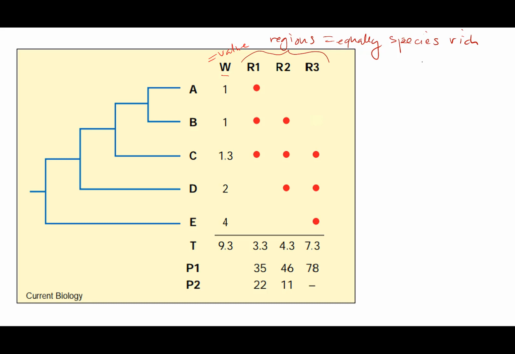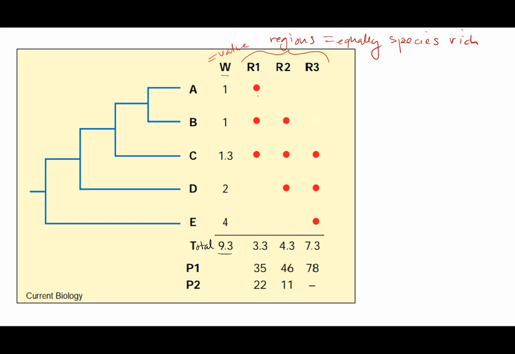Okay, so these measures on the bottom, the T here is the total. And what this score here, the 9.3, is, is a total of all the weights, of all the weight possibilities. So it's 1 plus 1 plus 1 plus 3 plus 2 plus 4. That gives us 9.3. And then what you have here is the total score for region 1, region 2, and region 3.